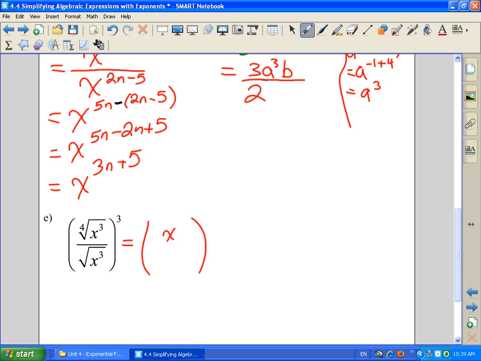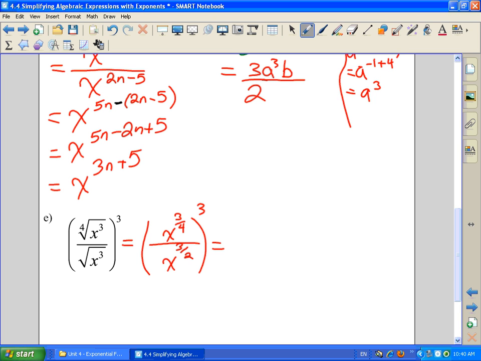For the x, I know my root is 4 and my exponent is 3. And when I look at my denominator, my root is 2 because it's a square root, and my power is 3. That's all raised to the power of 3.